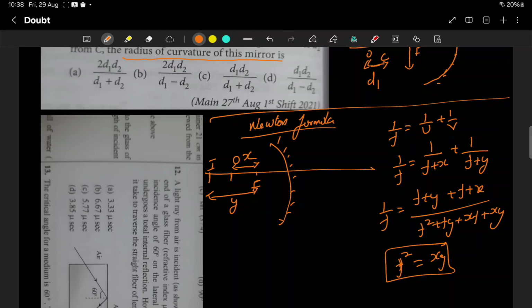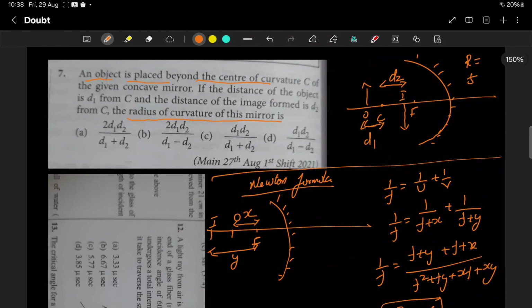If I am going to use Newton's formula here, I want x and y. From the focus, where is your object? That is my x. Focus is here, object is here, so this distance is x. What is this x?